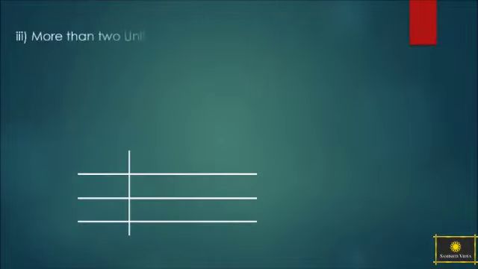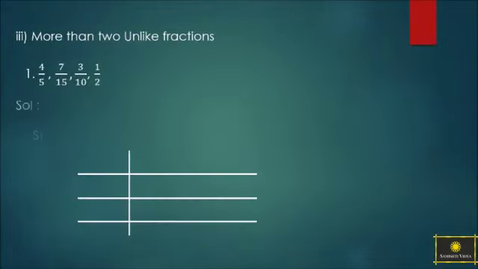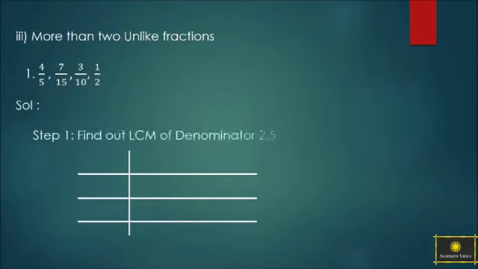Now let's learn how to compare more than two unlike fractions. For example, 4 divided by 5, 7 divided by 15, 3 divided by 10 and 1 divided by 2. Now, to compare these unlike fractions, first we need to find out the LCM of the denominators 2, 5, 10 and 15.